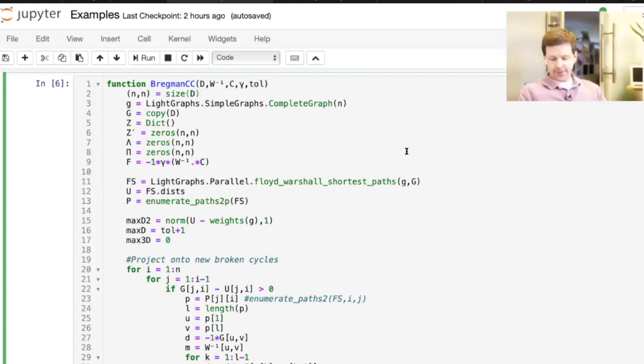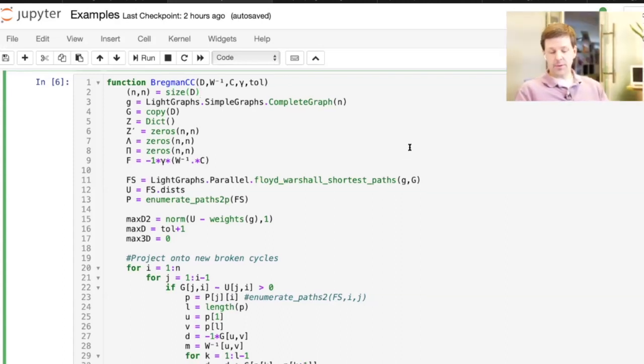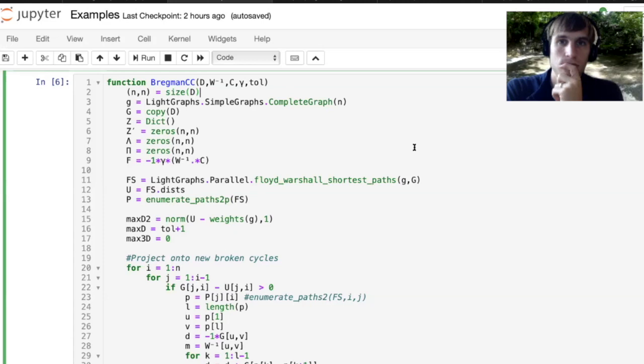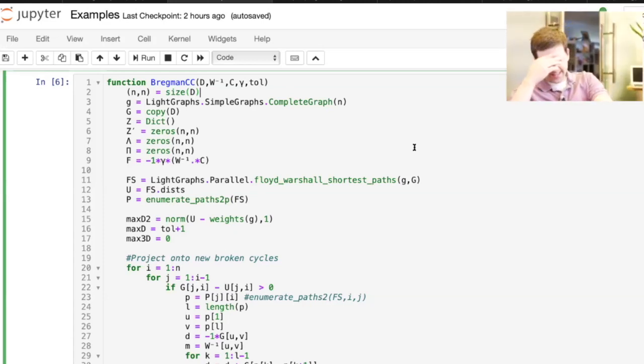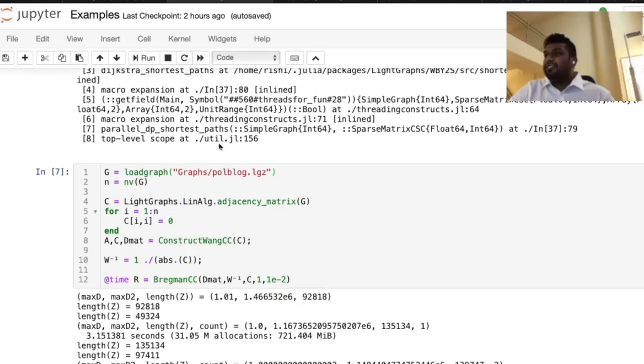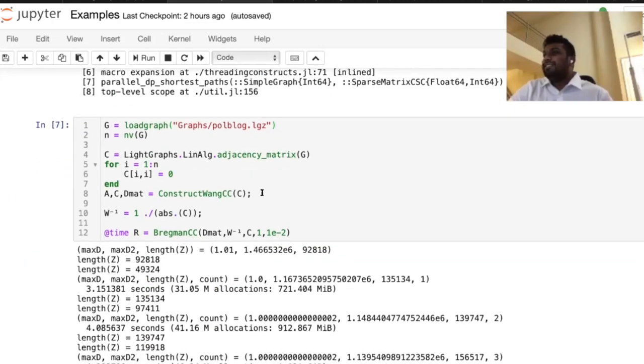And so when I think of a correlation clustering problem, I generally like to think of the input as being this matrix of positive and negative weights. Nate or Rishi, do you want to remind us how you convert from that into the D and the W inverse? So I actually just use your code.